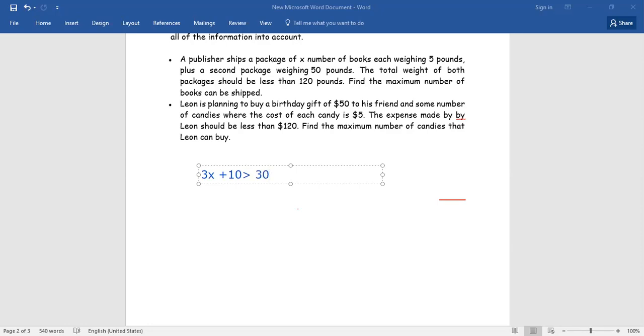Could you please think and tell me how we are going to change this inequality into a verbal description? How can we write it as a verbal description? I'm waiting for your answer, grade 7.